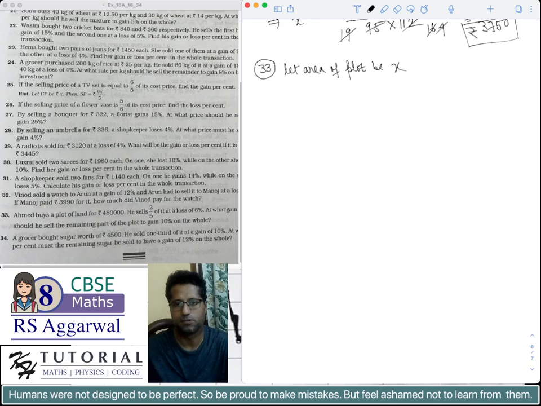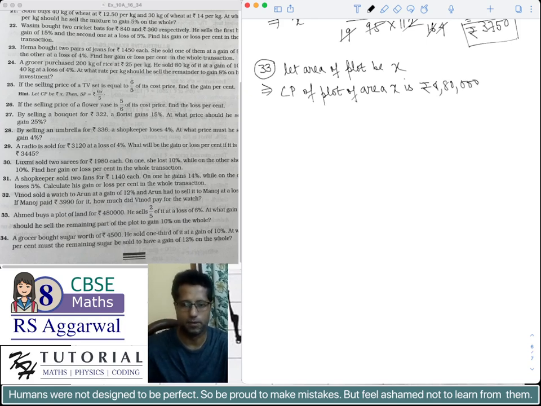This implies CP of plot of area x is rupees 4,80,000. Now he sells two fifth of it at a loss of 6%.